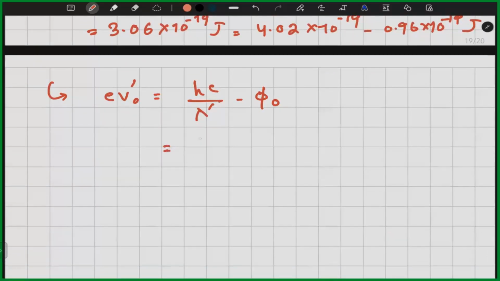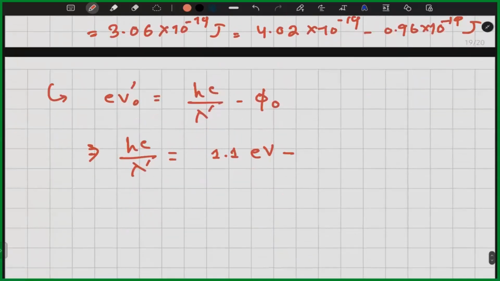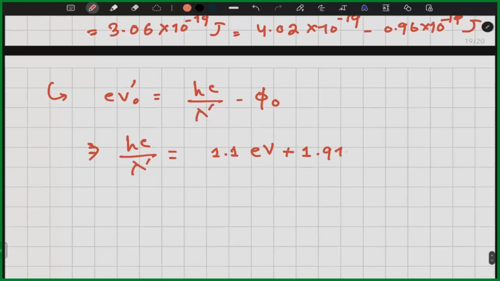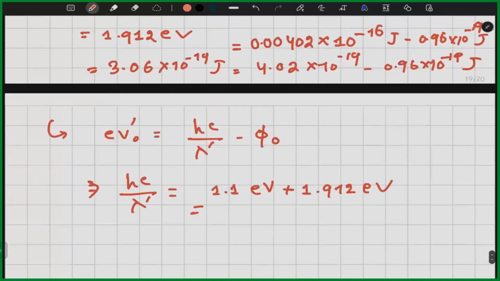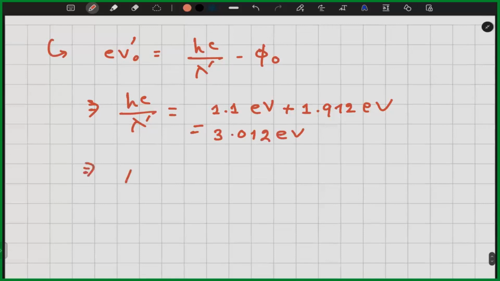So hc by lambda prime is equal to eV naught, which is 1.1 electron volt if you multiply with the electron charge, plus 1.912 electron volt. So it is actually 3.012 electron volt.